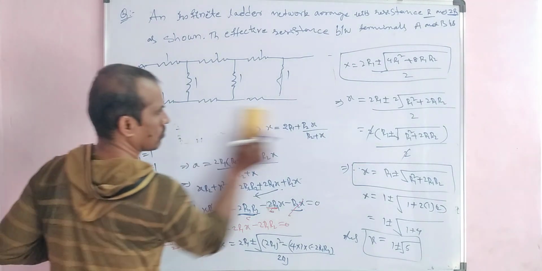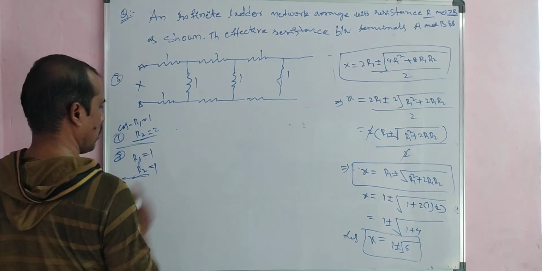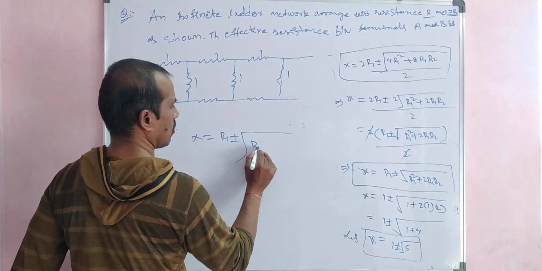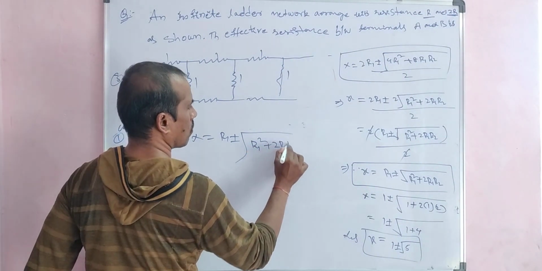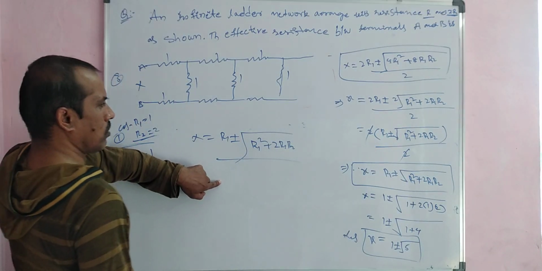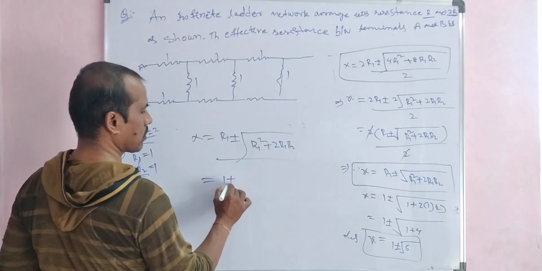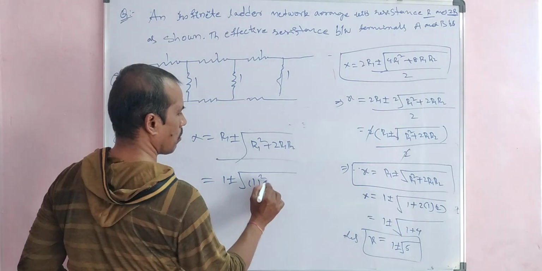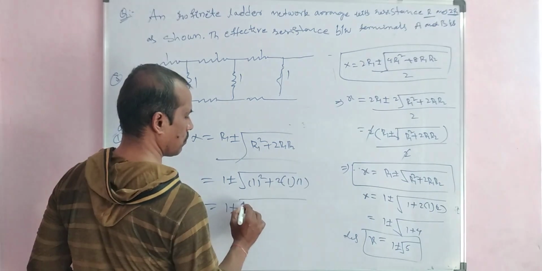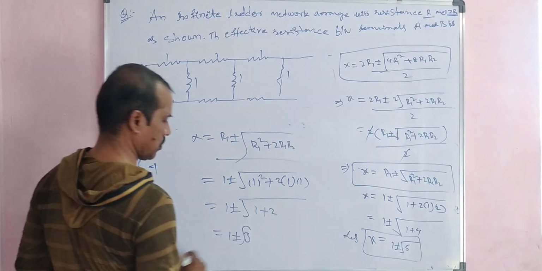X is equal to r1 plus or minus under root of r1 square plus 2r1r2. Now substituting these values, r1 and r2, for the ladder up to infinity: 1 plus or minus under root of 1 square plus 2 into 1 into 1, that is 1 plus or minus under root of 1 plus 2, which is 1 plus or minus under root 3.